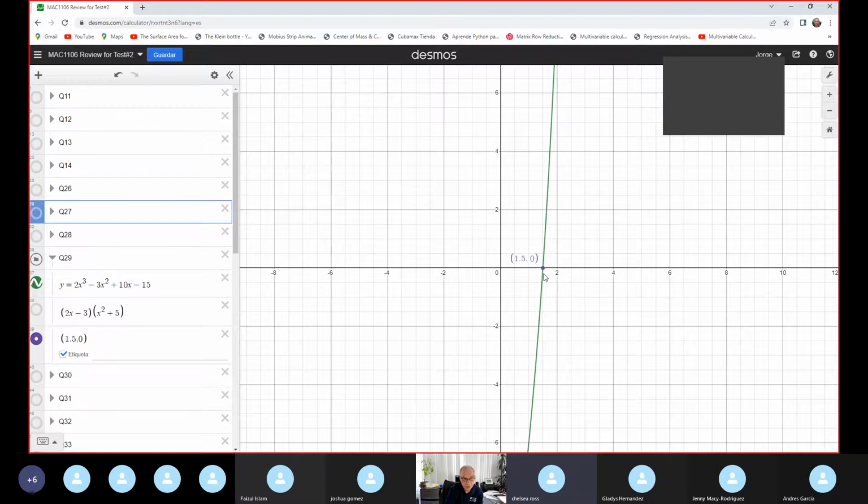No more. The degree is 3. However, we have only one linear factor, which is 2x minus 3. Well, I don't know. Okay, so I need to verify. Okay, at least some clue I have. Not too much, but I have.